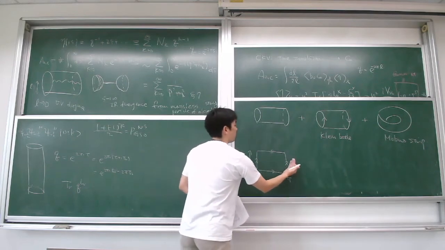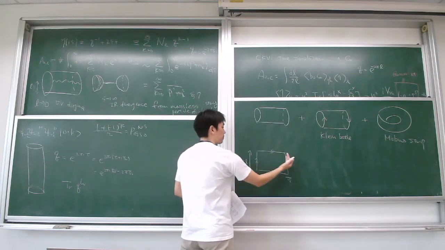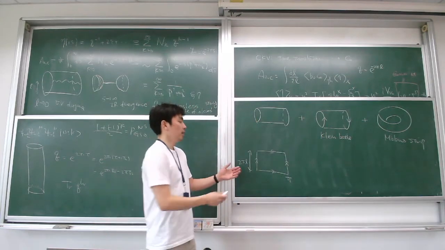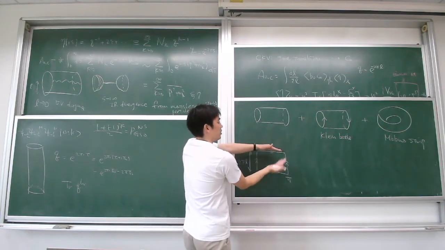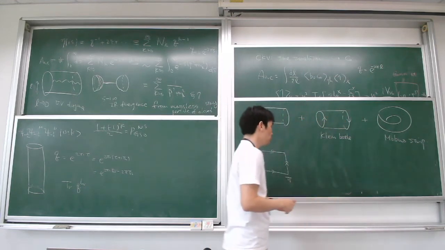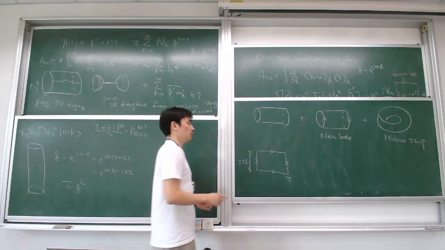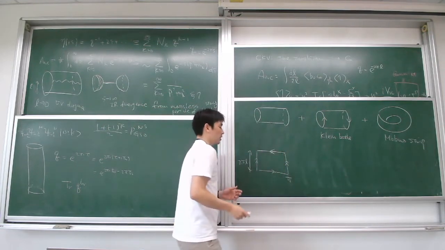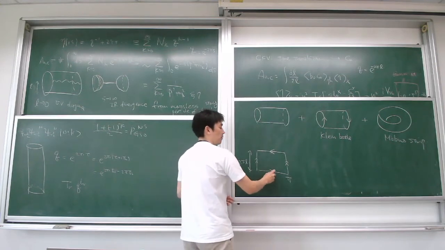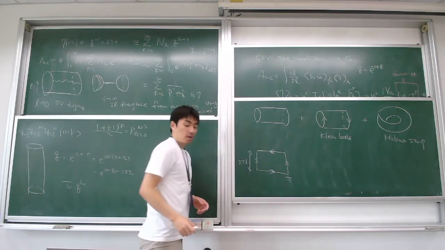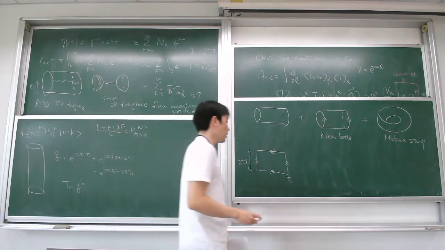If you identify this one, you get the strip, and then you identify in the opposite way. So you identify the opposite way, and you get the Klein bottle. I cannot draw the picture well, but you can understand. This is the opposite way to identify. It's not like a torus. A torus has to have the same orientation, but for the Klein bottle it is the opposite.